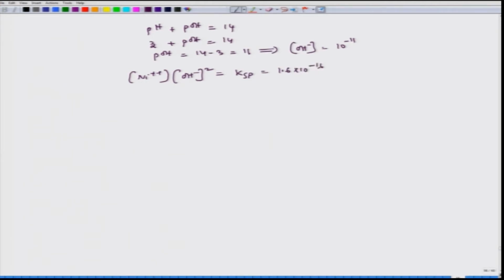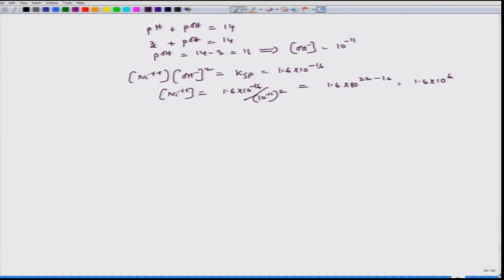So, the nickel ion concentration becomes 1.6 into 10 to the power minus 16 divided by 10 to the power minus 22, equal to 1.6 into 10 to the power 6.